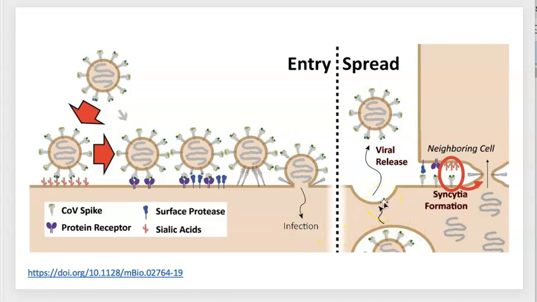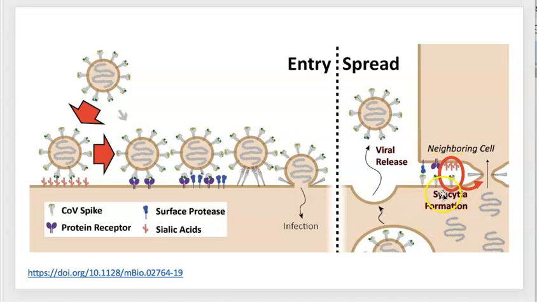So there's a couple different ways for spread to happen. You have this typical canonical spread, which is budding from the surface into the outside world, and then this fully formed virus particle can then bind to a susceptible host cell. But there's another approach that SARS-CoV-2 and other viruses use, and that's syncytia formation.